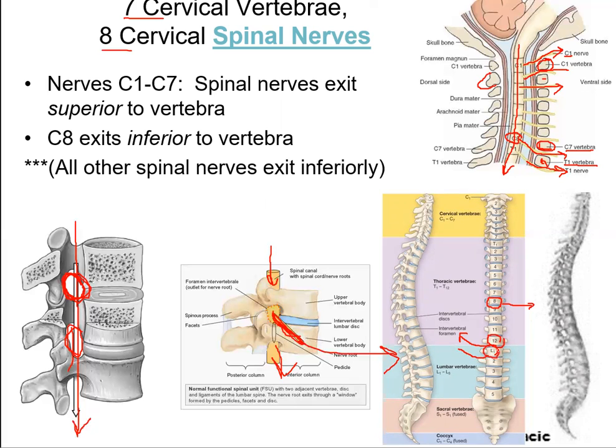Okay, so it is fair game for an exam for me to ask you what spinal nerve would exit superior or inferior to vertebra L4, and the superior one is L3, the inferior one is L4. Okay, so definitely take some time to practice that. For the cervical, nerves come out on top. Everywhere else, nerves come out on bottom.